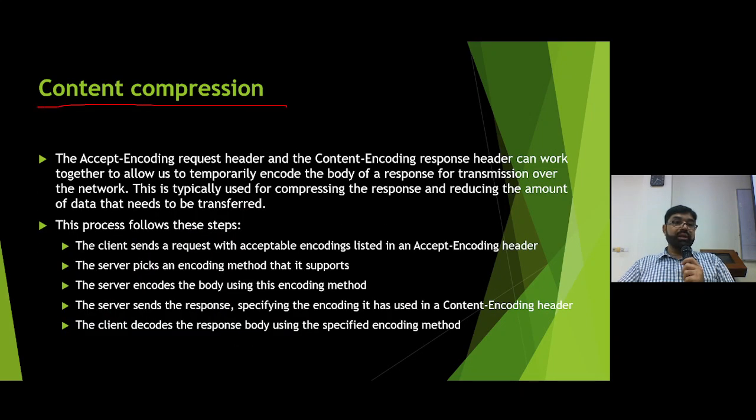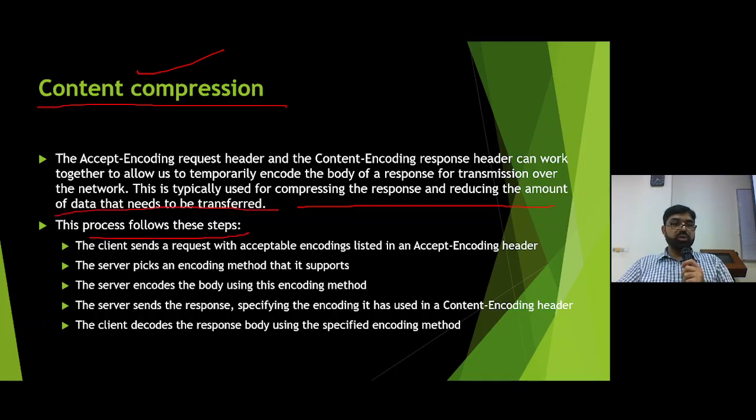Content compression. The Accept-Encoding request header and the Content-Encoding response header can work together to allow the temporary encoding of the body of the response for transmission over the network. So we want to encode the text and then send it. This is typically used for compressing the response and reducing the amount of data we need to transfer.